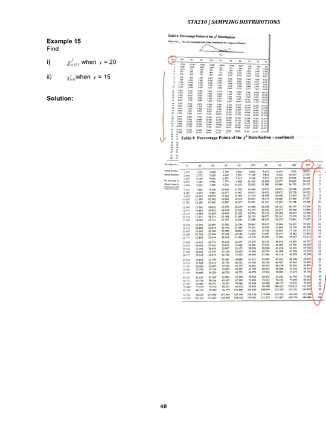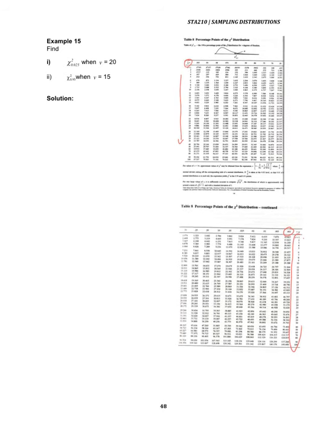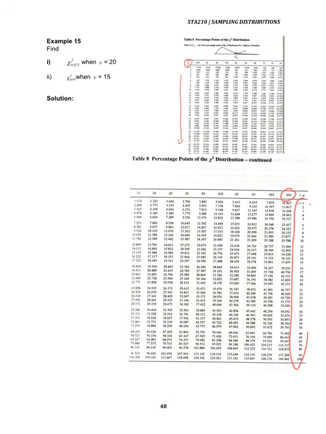Okay, let's take a look at example 15. Find chi-square 0.025 when V is equivalent to 20. What you should do is, first, find the value of alpha, 0.025. If it is not on page 18, it is on the other page. So the value of 0.025 is here.